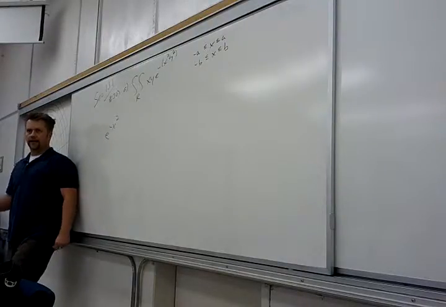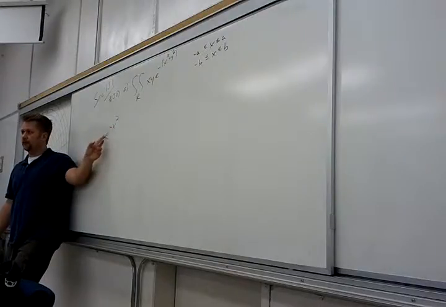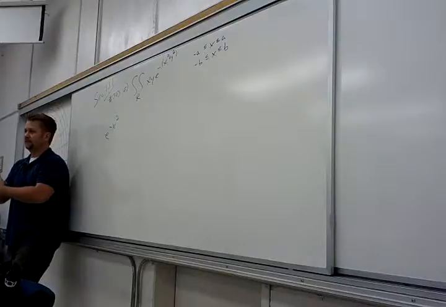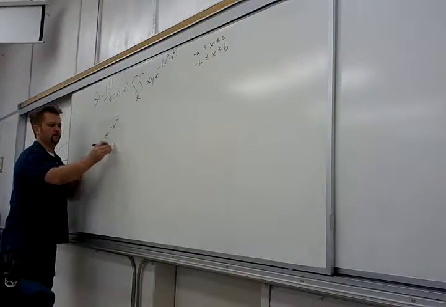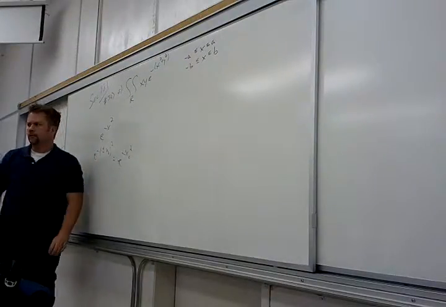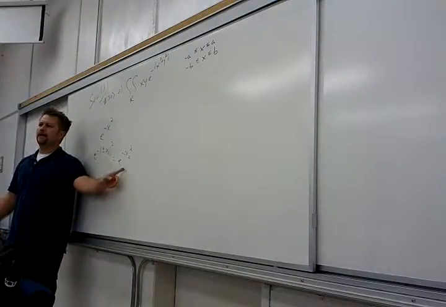Are they related? Of course, if you plug in an x value and a negative x value, you're going to get the same thing, right? Both of those inputs have the same output.